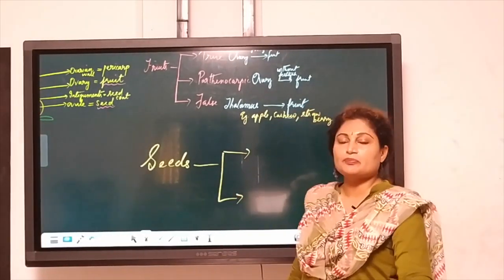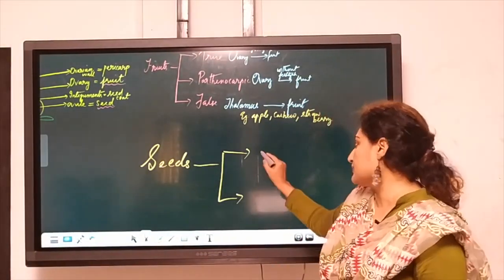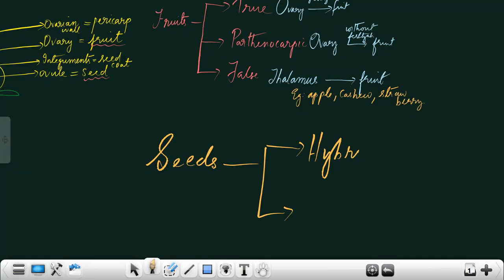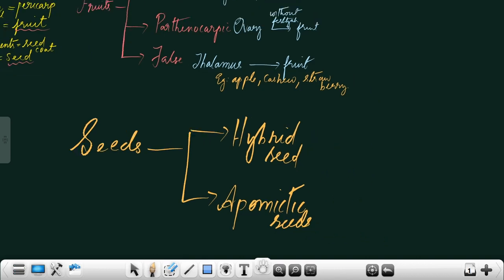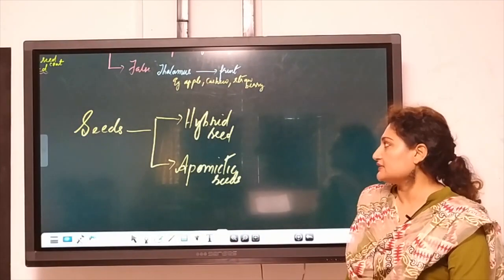And because seeds are the product of fertilization, we use the terminology hybrid seed. Hybrid seed or true seed or normal seed. And the other type is the apomictic seeds. So, two types of seeds, hybrid seeds and apomictic seeds.